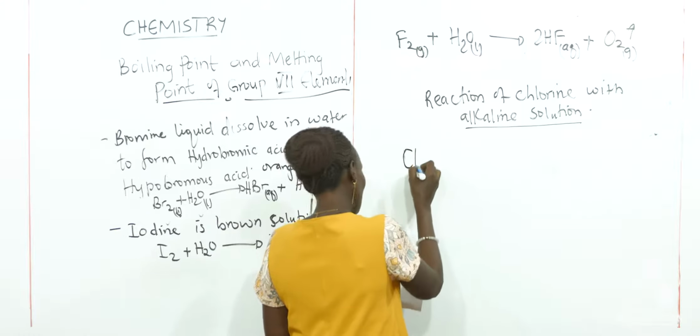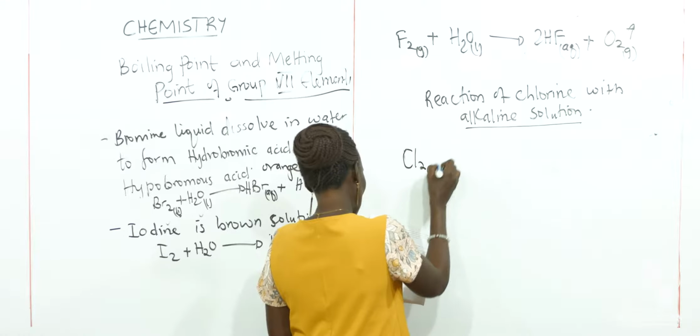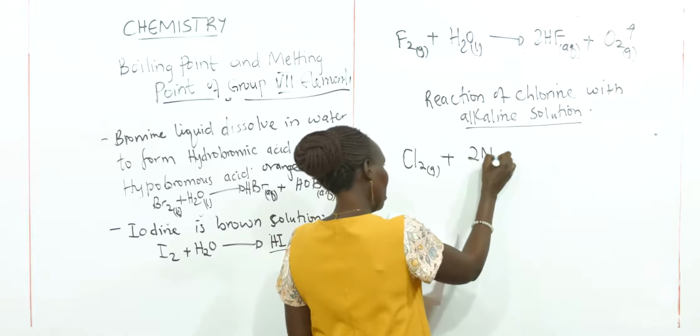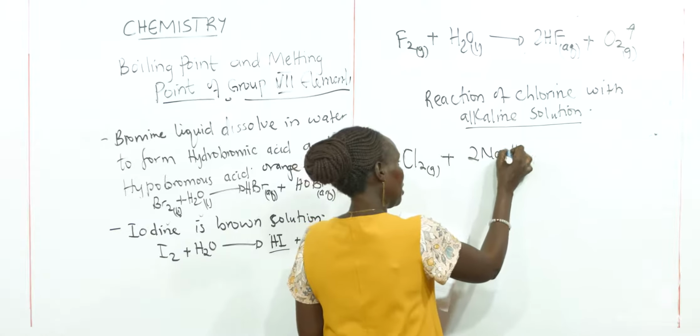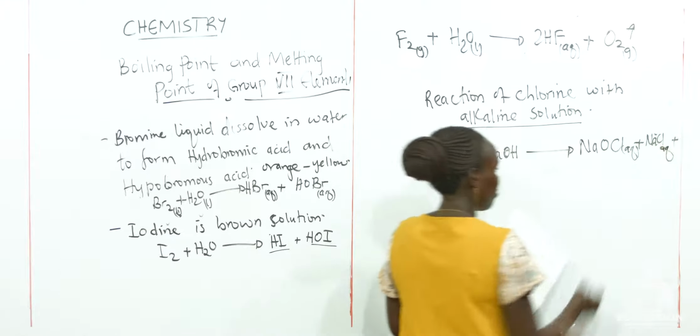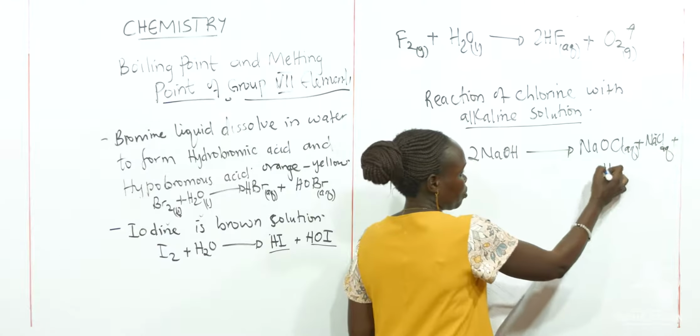So let me say chlorine gas, when it reacted with the cold dilute sodium hydroxide, will give us sodium hypochlorite plus sodium chloride, and then the other product is water.